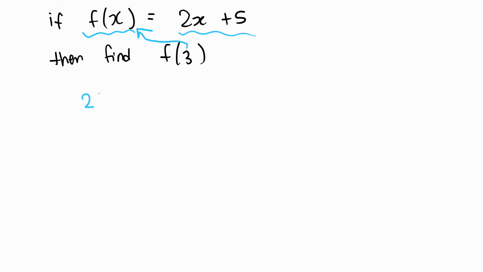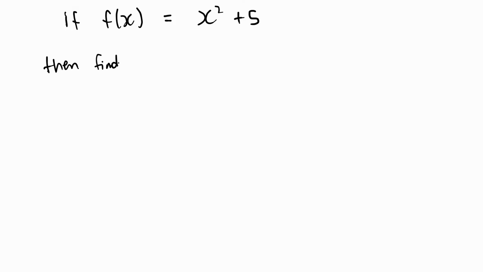If we substitute 3 in for x, we multiply 2 by 3 and add 5. We don't multiply the 5 by 3 because there is no x behind it. Then we simplify: 2 times 3 is 6, plus 5 gives us our final answer of 11. We're substituting in the value of 3 for x because it tells us that x is 3.